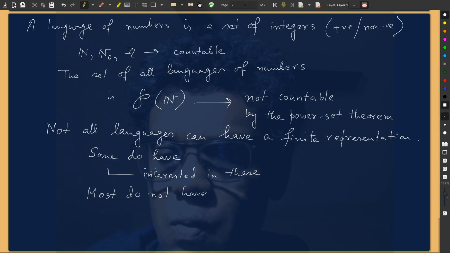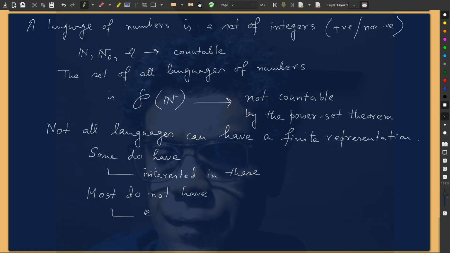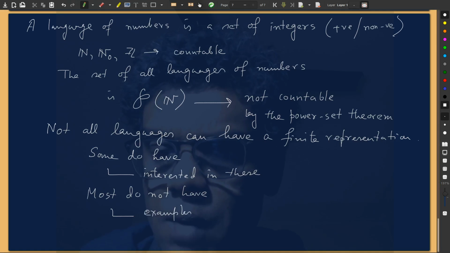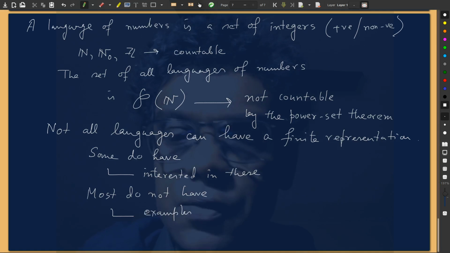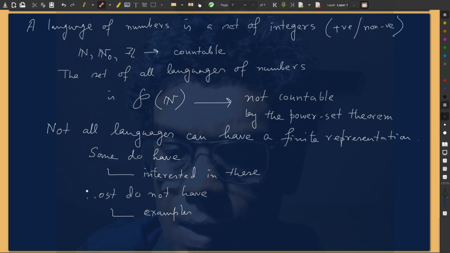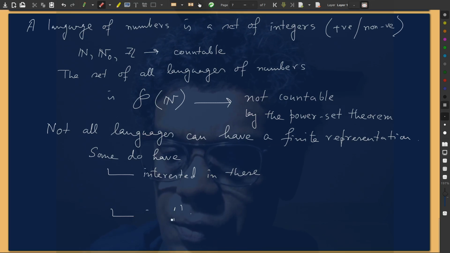And somehow, we have to find examples of... Okay. If we cannot represent something using a finite amount of space, we cannot do anything about those. Okay. So, we are interested in those which can be represented.